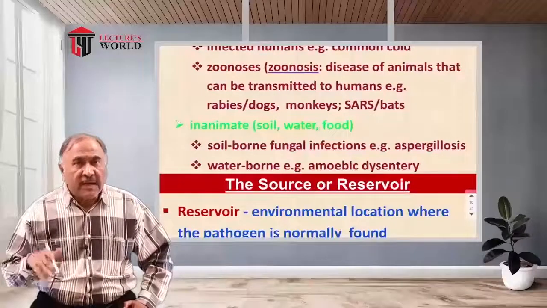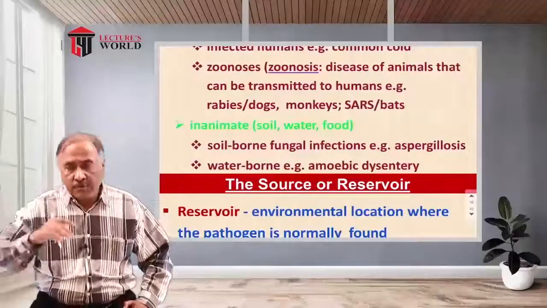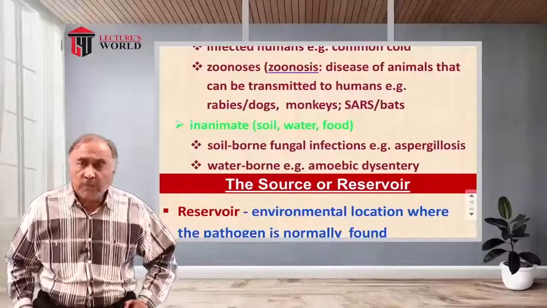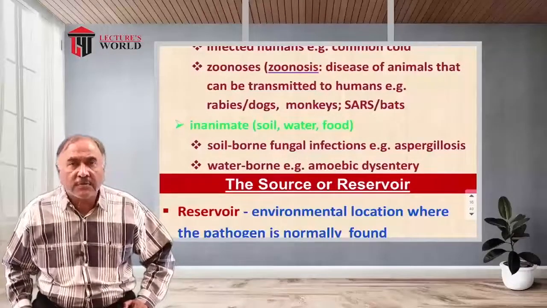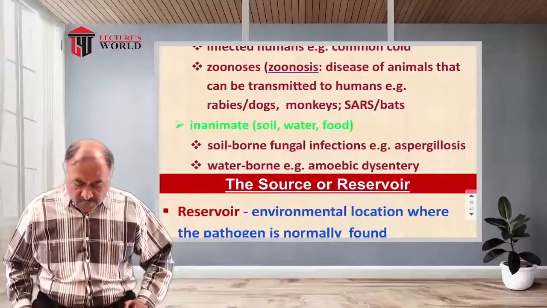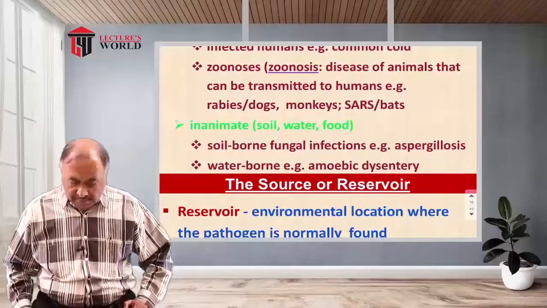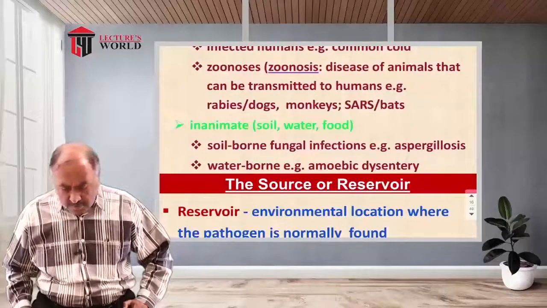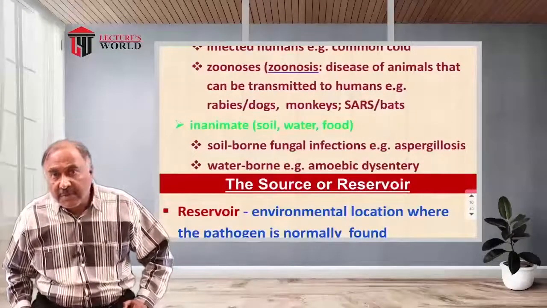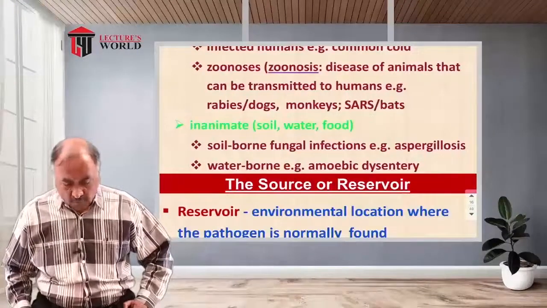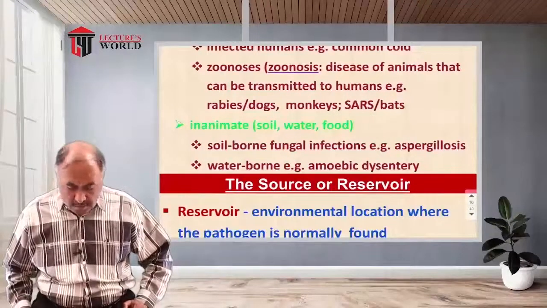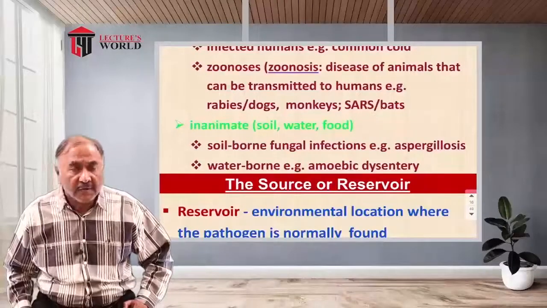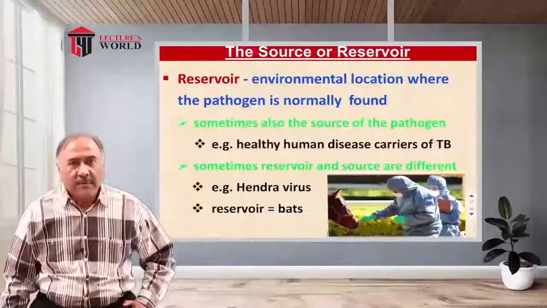Again, it has reached there from some diseased individuals in different ways, through the portal of exit in those diseased individuals. For example, soil-borne fungal infections like aspergillosis, or water-borne diseases like amoebic dysentery.